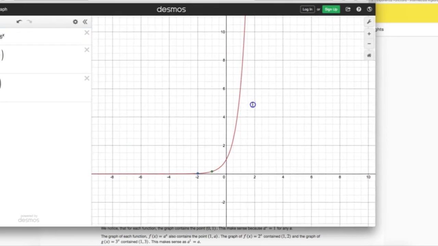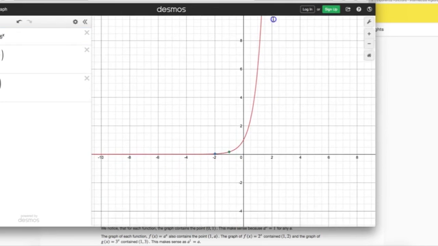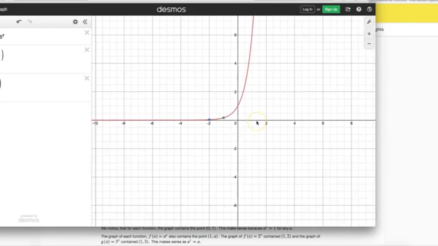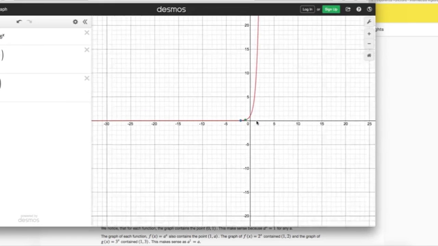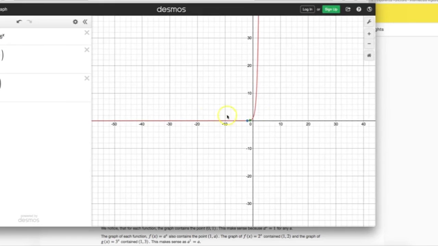If I want to see the other one, I'm either going to have to keep dragging this, or I can zoom out. I'm doing that with my scroll wheel. Okay. And now I'm high enough that I'll be able to see it if I put it in here. So let's go ahead and put in 2, 36. Okay, and there's our point right there.